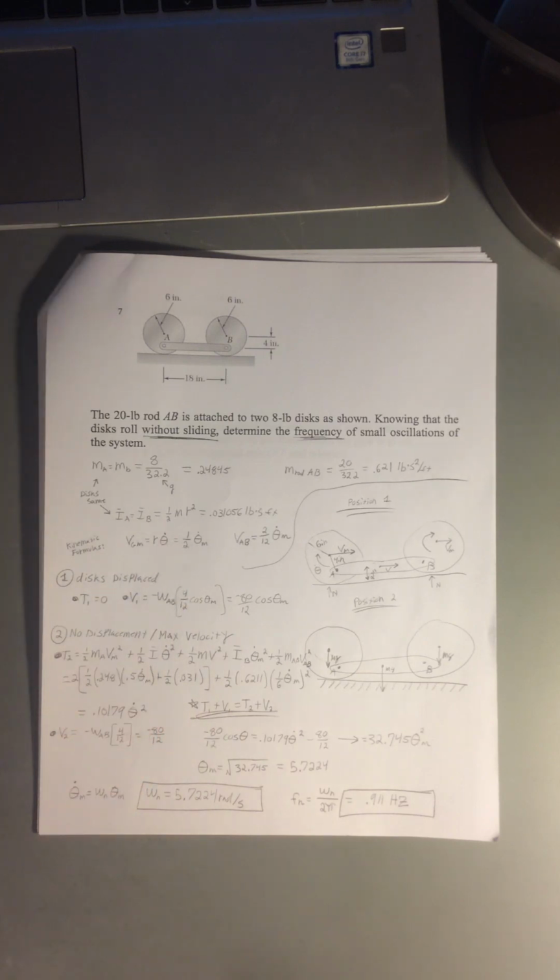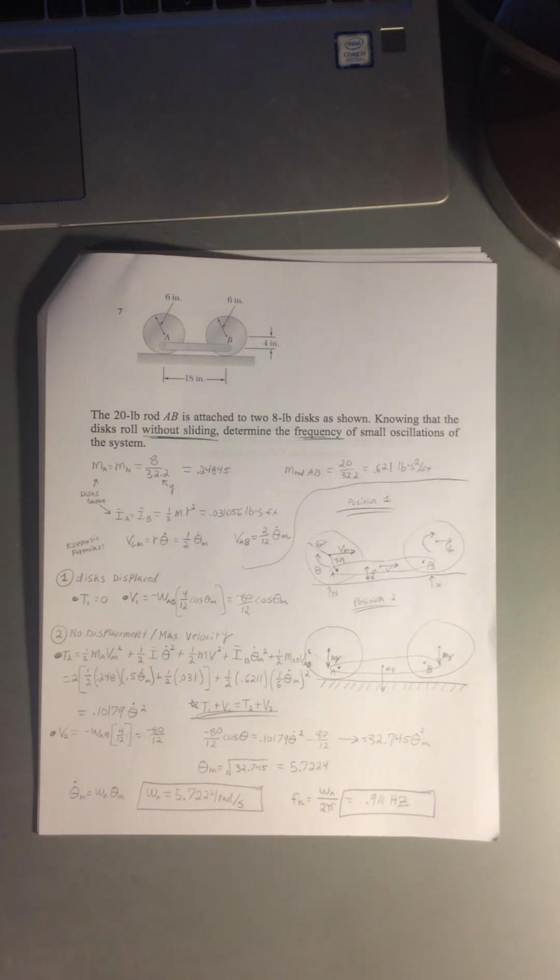Similarly, for the rod here, we can do a similar process, except the radius is 2 inches out of 12, and so that comes to this here, which is 1/6.